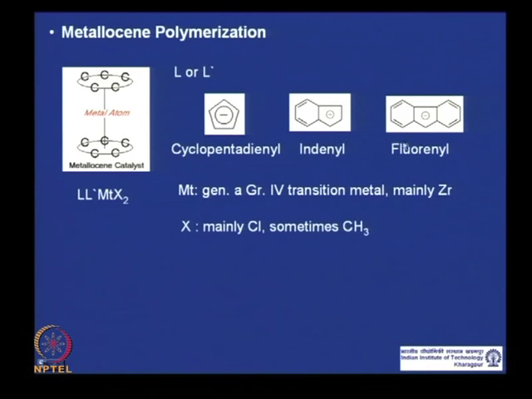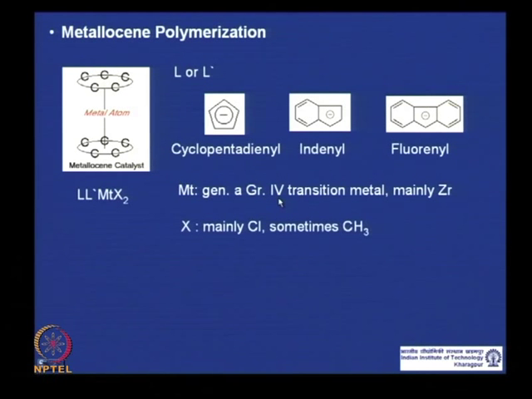These are a few examples of the ligands present in metallocenes. For example, ferrocene is an example of a metallocene where you have two cyclopentadienyl rings coordinated with, attached to, iron.